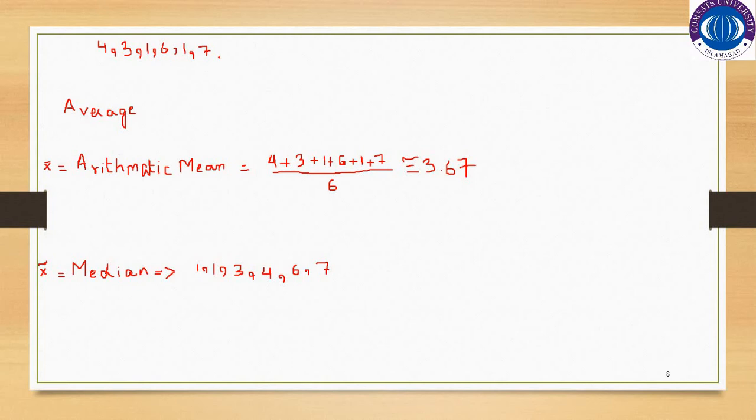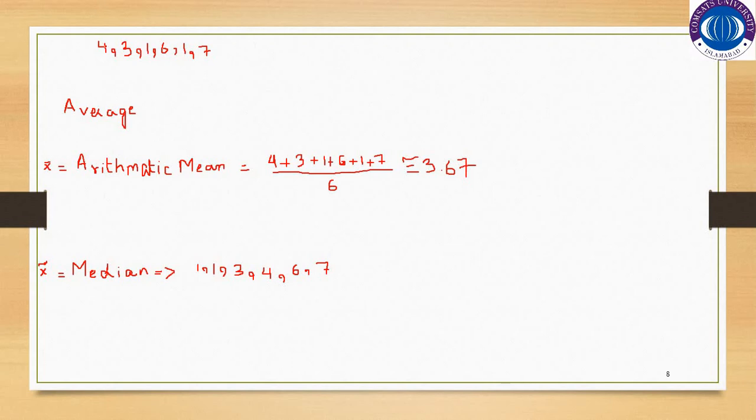Now, if you want to find out the median, there will be two cases. One is the way to find out the median when your number of data points is odd, and one is the way to find out the median when your number of data points is even.